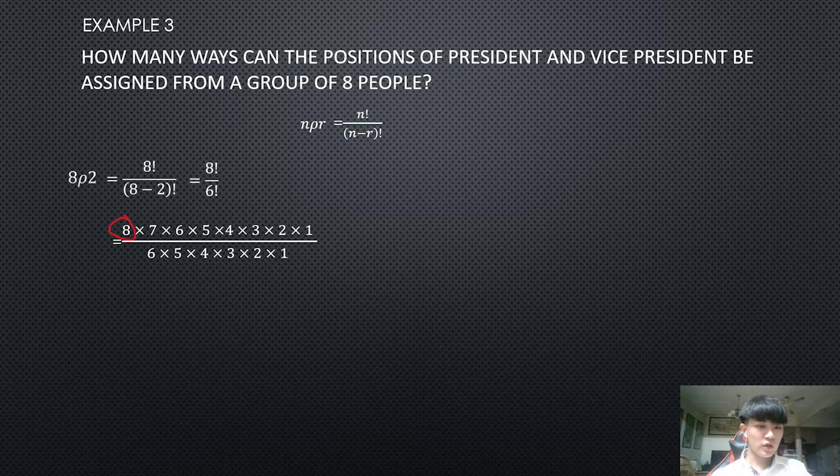Now we can start to calculate it. First, we can cancel the 6 times 5 times 4 times 3 all the way to 1. Now we are left with 8 times 7, and we know that 8 times 7 is 56. So 56 is the permutation for this question.